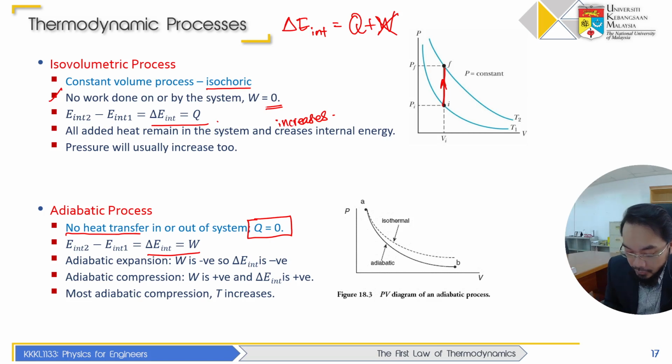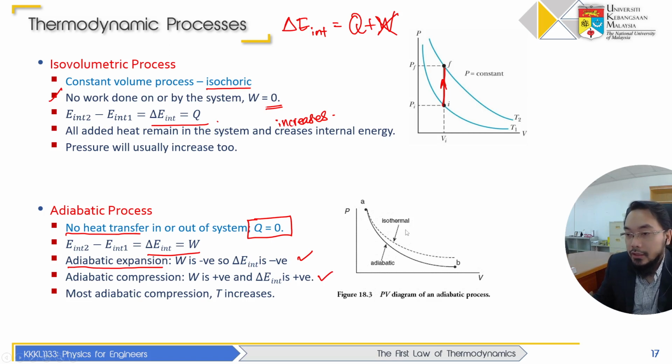For adiabatic expansion, W will be negative. When it expands, it loses energy, so the change in internal energy must be negative as well. Conversely, if you are compressing it, you are doing work on it, therefore the internal energy will increase and be positive. So in most adiabatic compression, the temperature will increase.